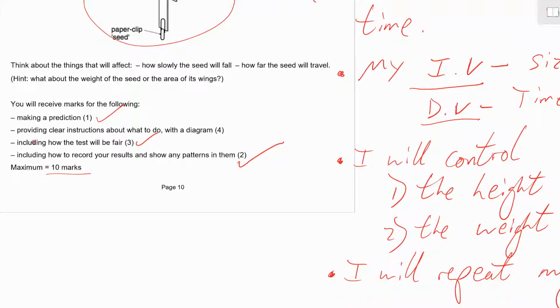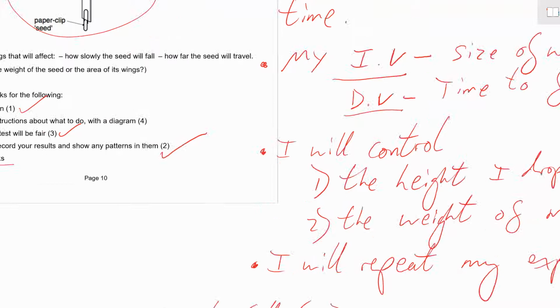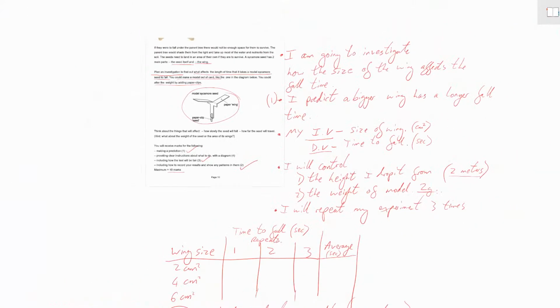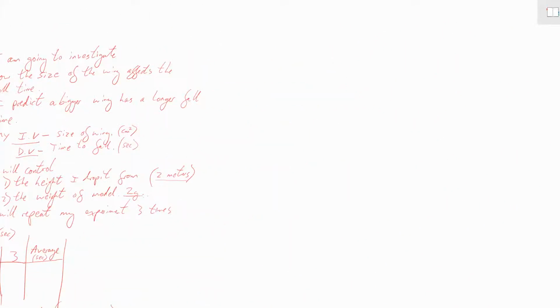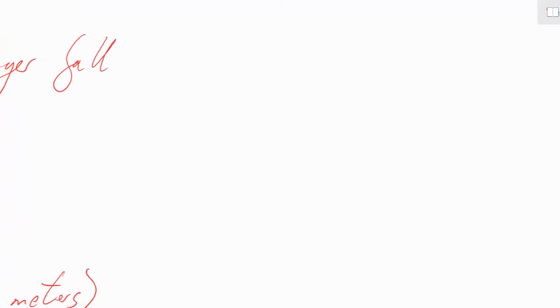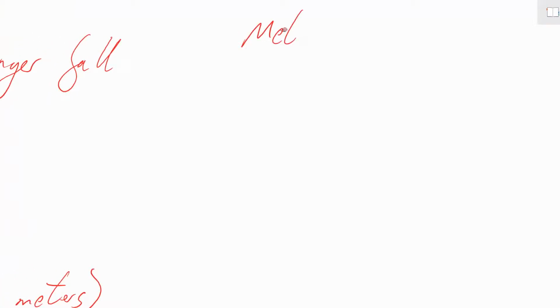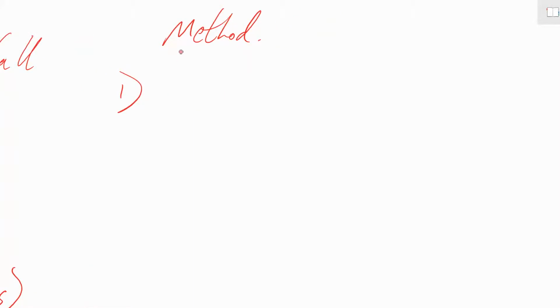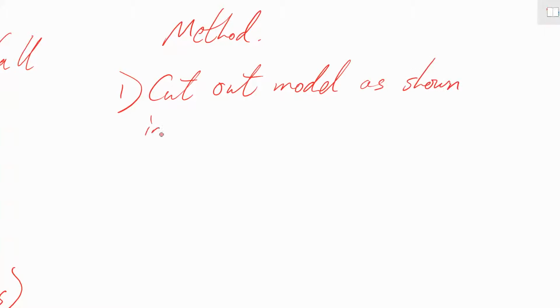Finally, providing clear instructions about what to do with the diagram. So this is essentially your method, and I would cut out the model as shown in the diagram, and I'm going to use the diagram that they suggested.